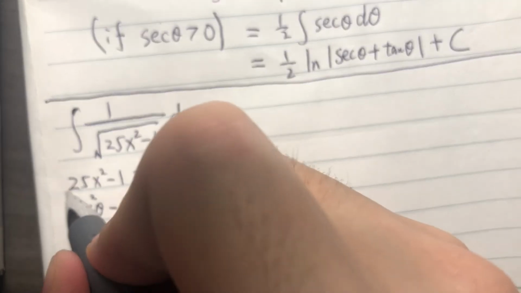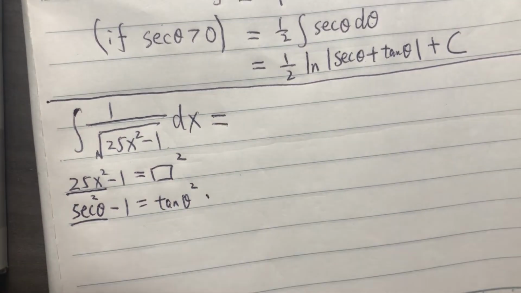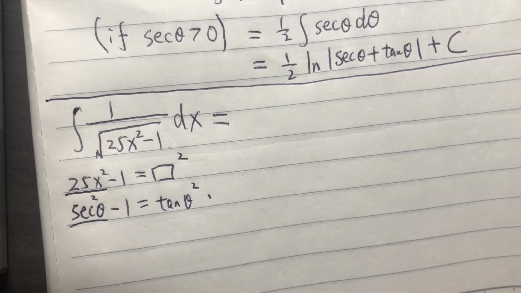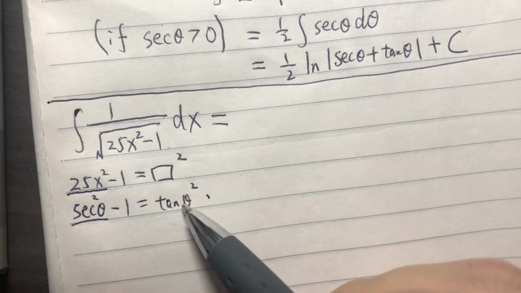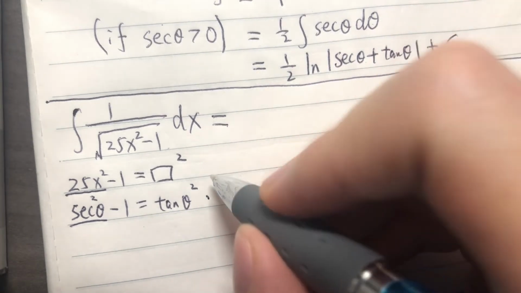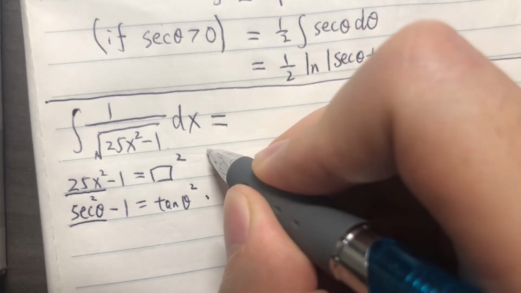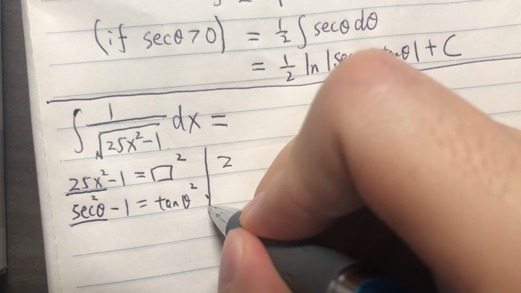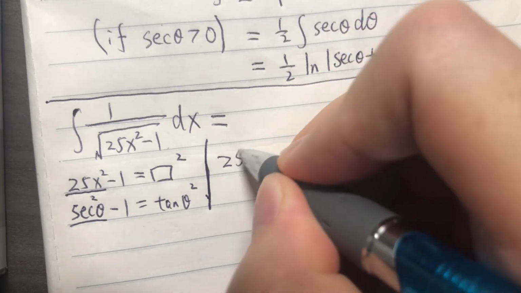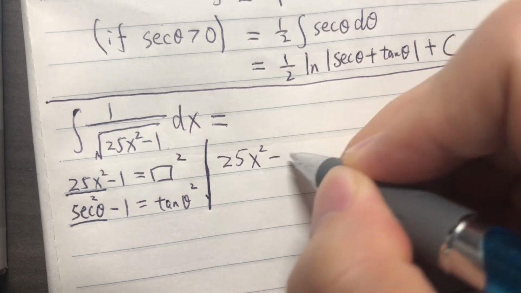Okay, so basically this one, 25x squared, is our secant theta squared. The right hand side is tangent theta squared. So we are going to use 25x squared minus 1.